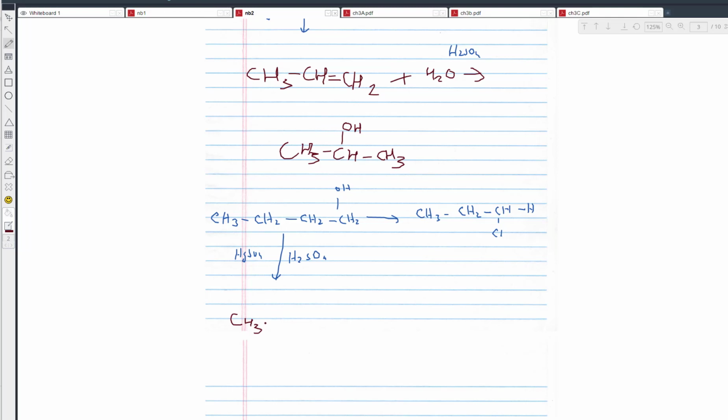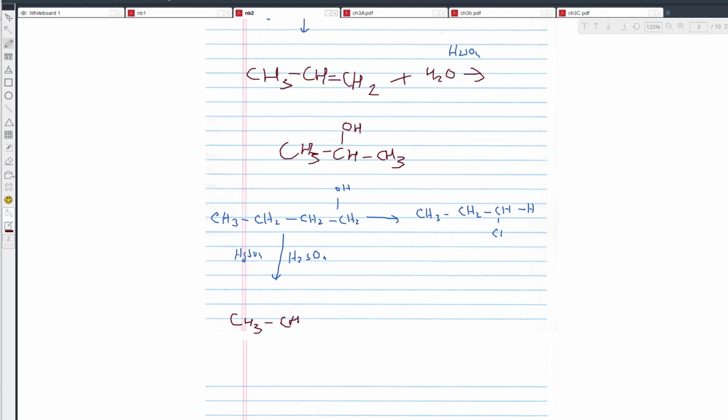Just use whatever the reagent your book is using. I was thinking if I chlorinate it, that means Cl2, but there's only one Cl. No, you are adding HCl. That's called hydrohalogenation.